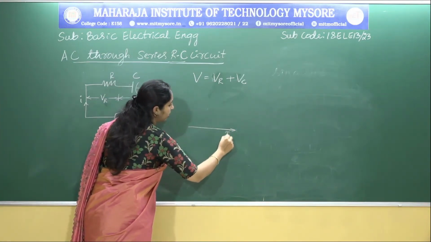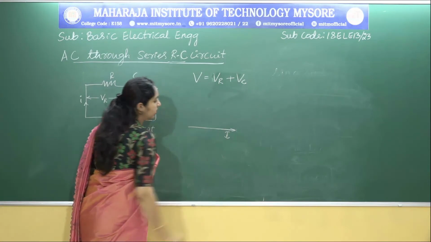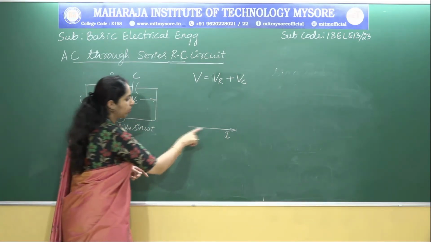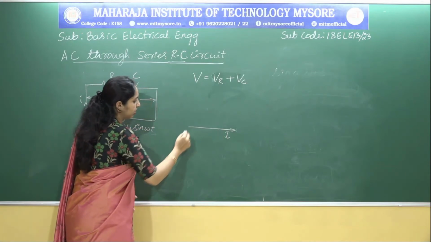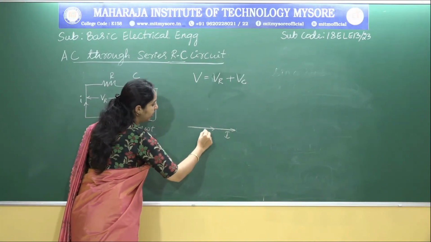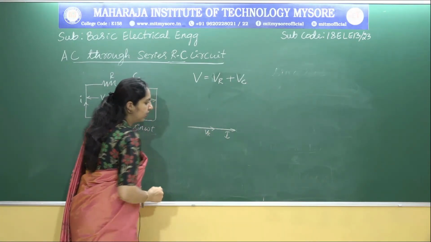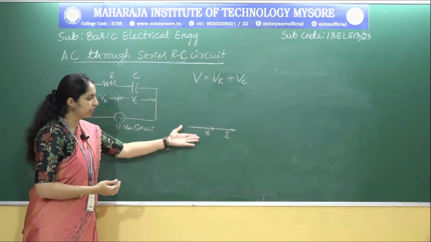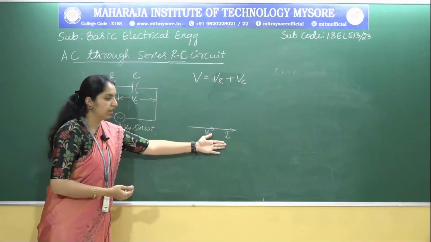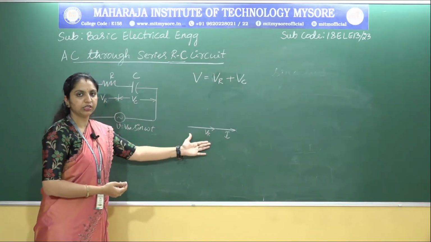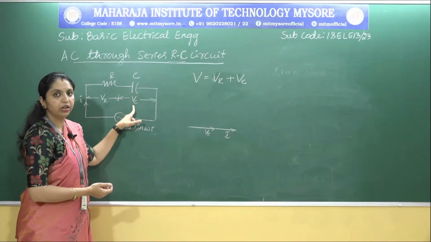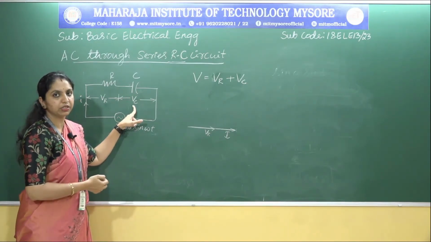You know that the same current flows through both the resistance and the capacitance. So we take I as the reference, and VR lies on the same line because both are in phase; there is no phase difference between the current and the voltage drop across the resistance. Now where should we draw the voltage drop across the capacitance?